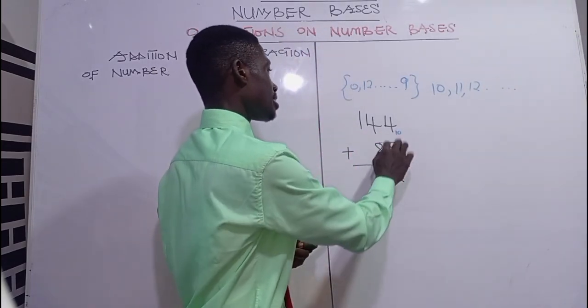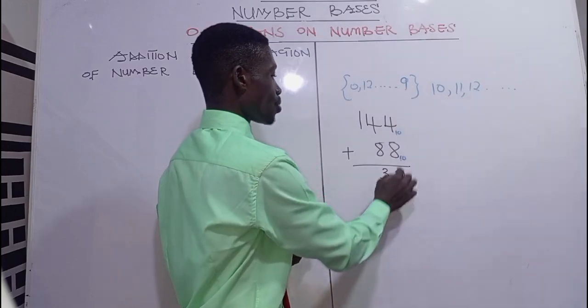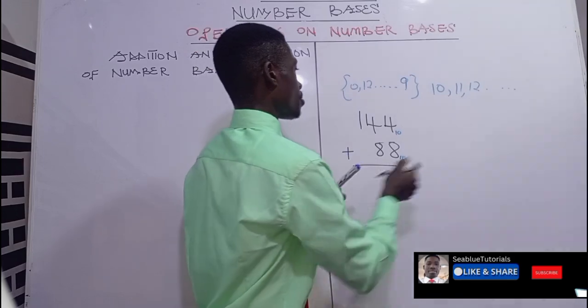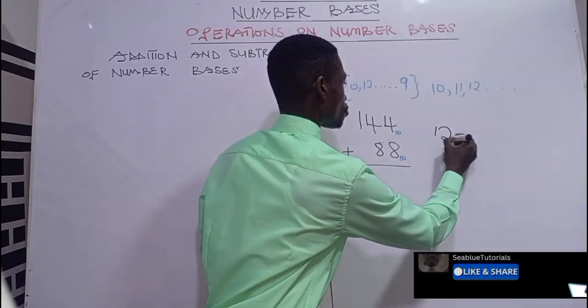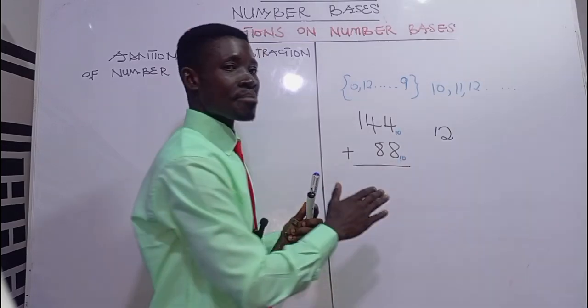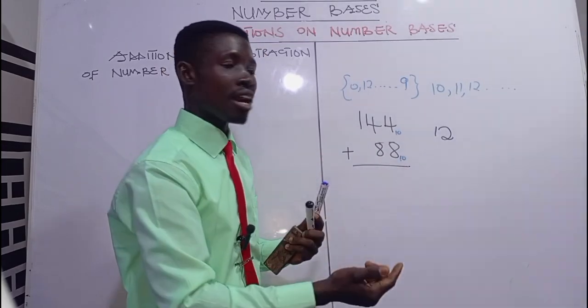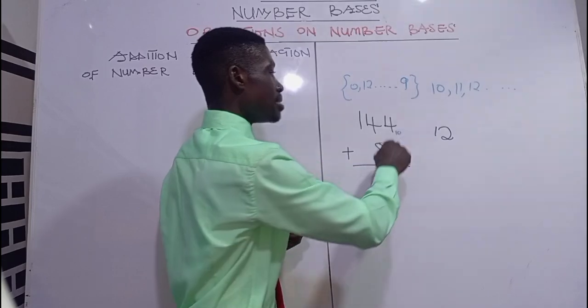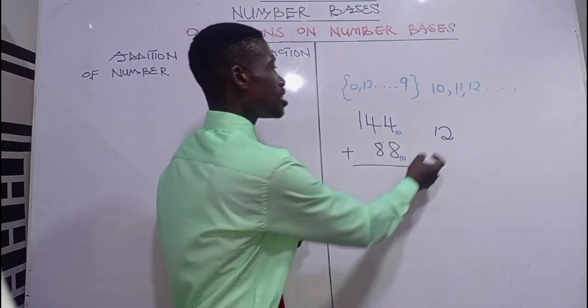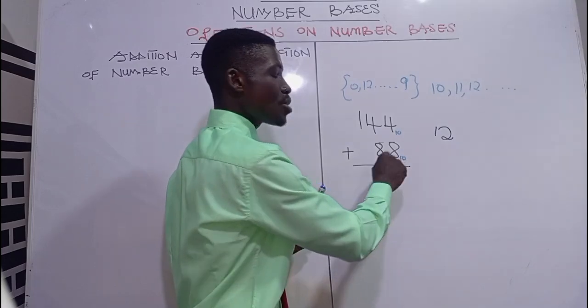So when we added 4 to 8, we are getting 12. But here is the case that these numbers are in base 10 and we can't have 10 in a base 10 numeral. So what do we do? We divide this 12 by the base in which we are working.